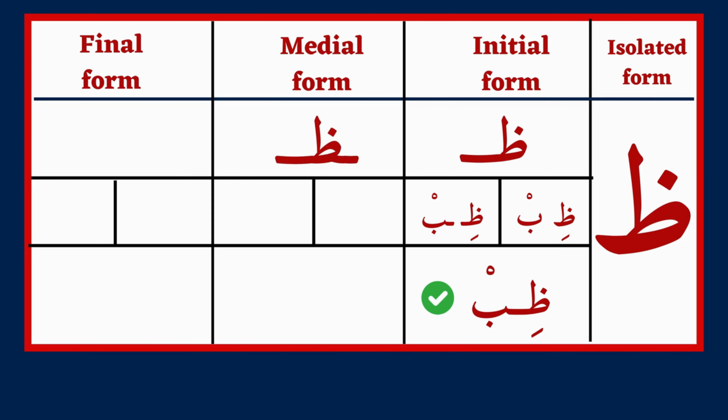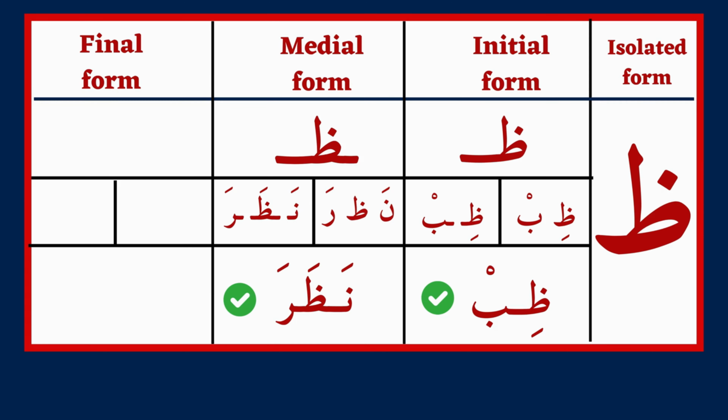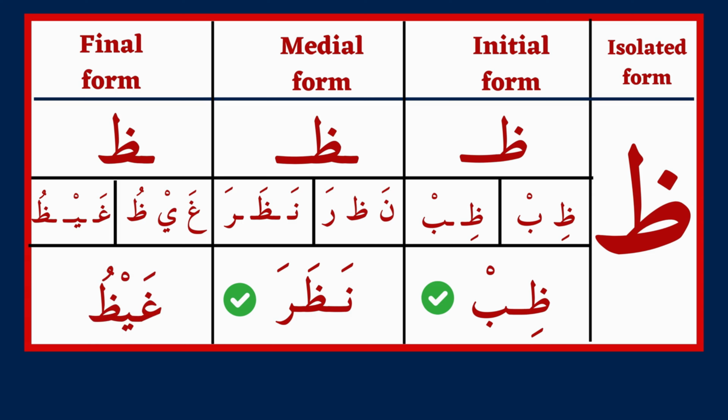When we want to position za in the medial form of a word, we write it this way, leaving it open to accept the next letter too. This is the entire word involving the letter za. When za is in the final form of a word, observe how we write it. That's it. Let's proceed.